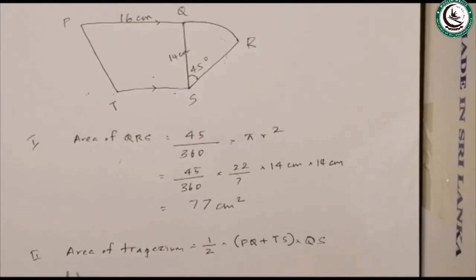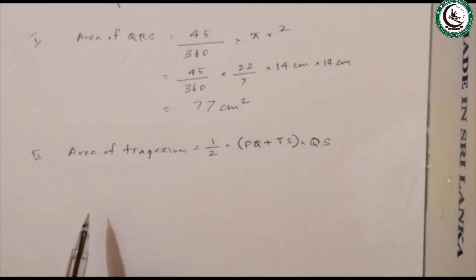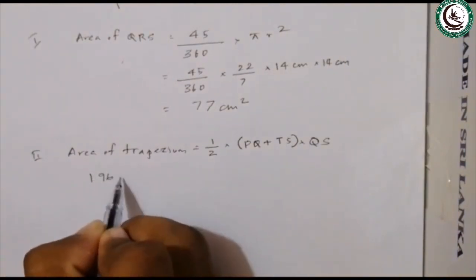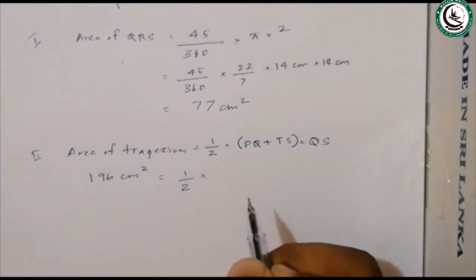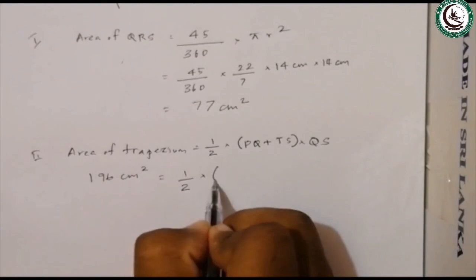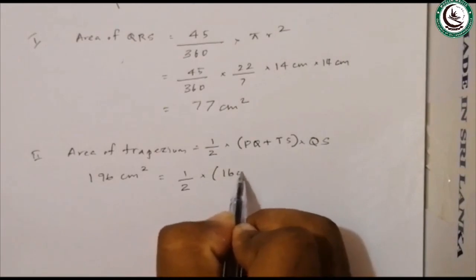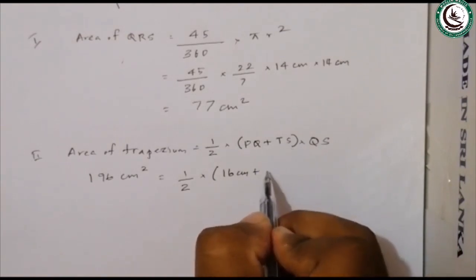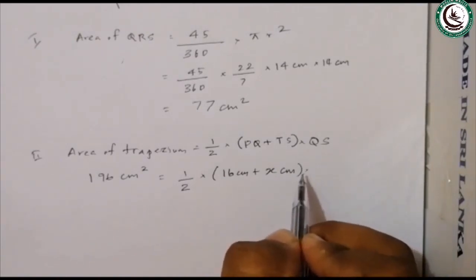So they have given the area of trapezium. So area is 196 centimeter squared. It's equal to half into PQ plus TS. We already know the length of PQ. PQ is 16 centimeter plus we have to find the TS, so we take the length of TS as x centimeter into QS.